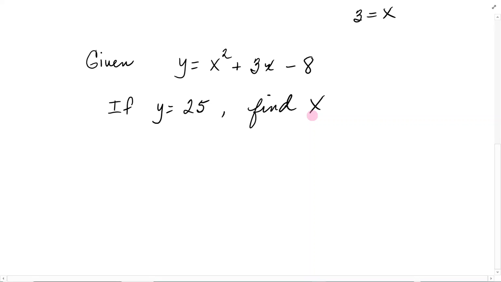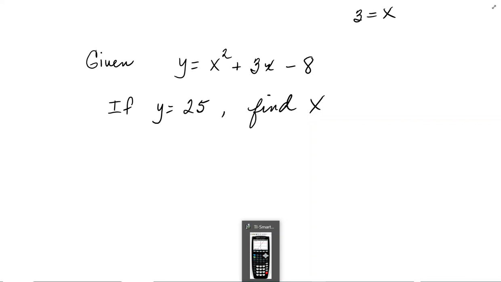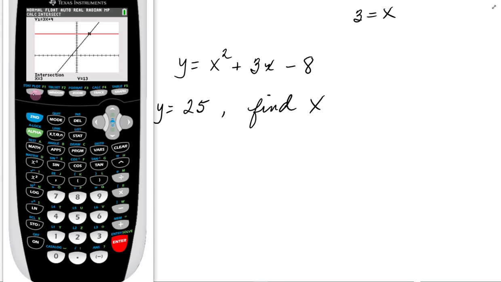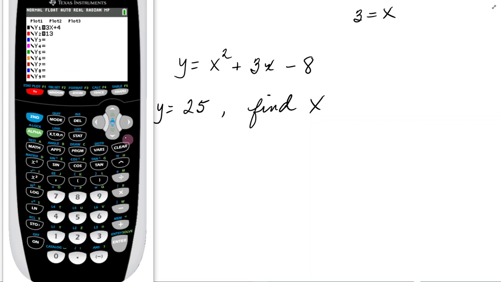I may get some decimal values and I'll have to do some rounding. So let's see. Go into the y equals, clear, clear. I have x, remember the squared key is over here on the left-hand column, squared, plus 3x, subtract 8 for the first one. And then I am trying to find out what the x will be when y is 25.